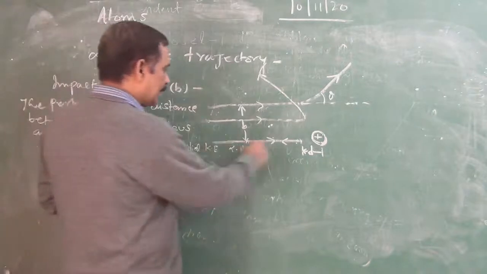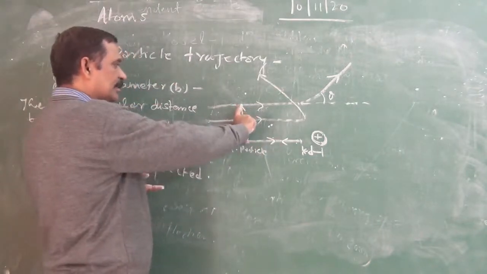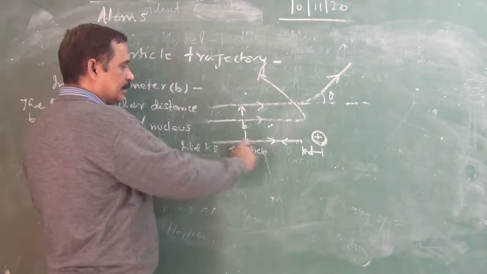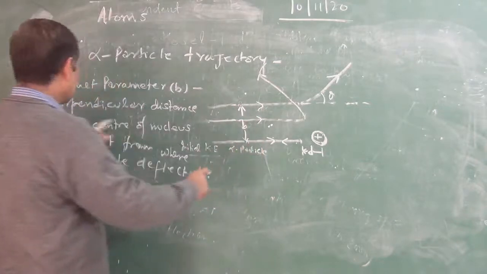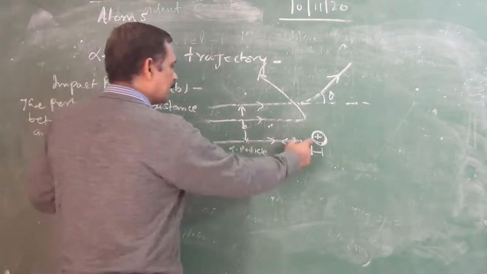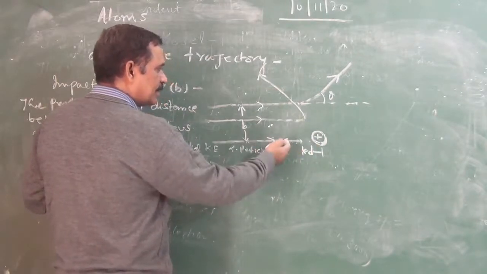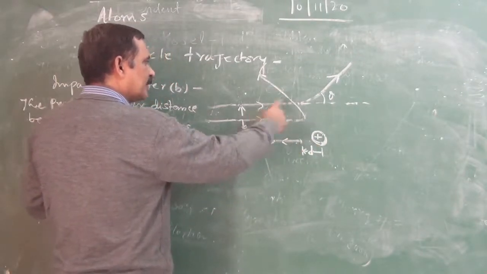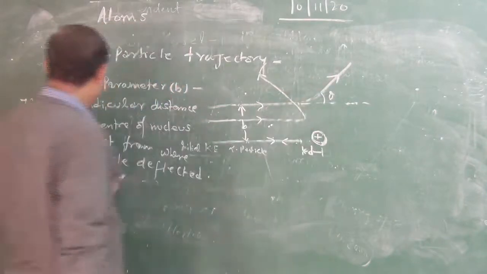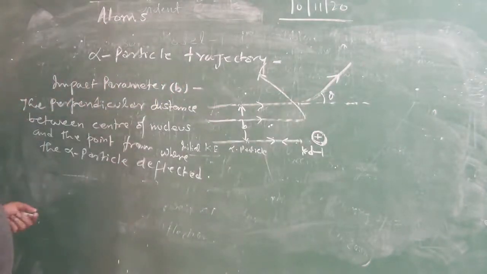This is the perpendicular distance between the center of the nucleus, this line shows the center of the nucleus, and this is the point from where the alpha particle is deflected. This is known as the impact parameter.